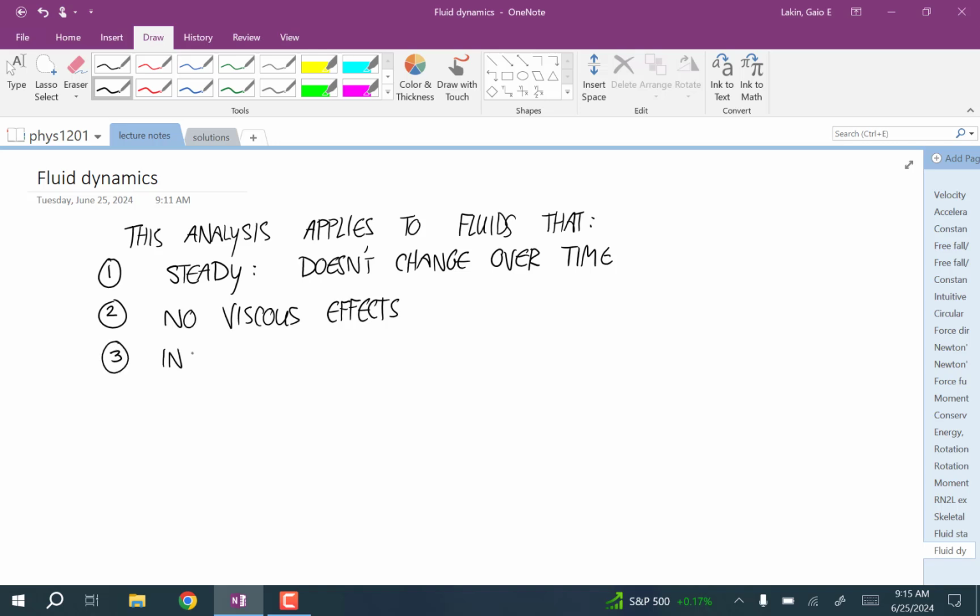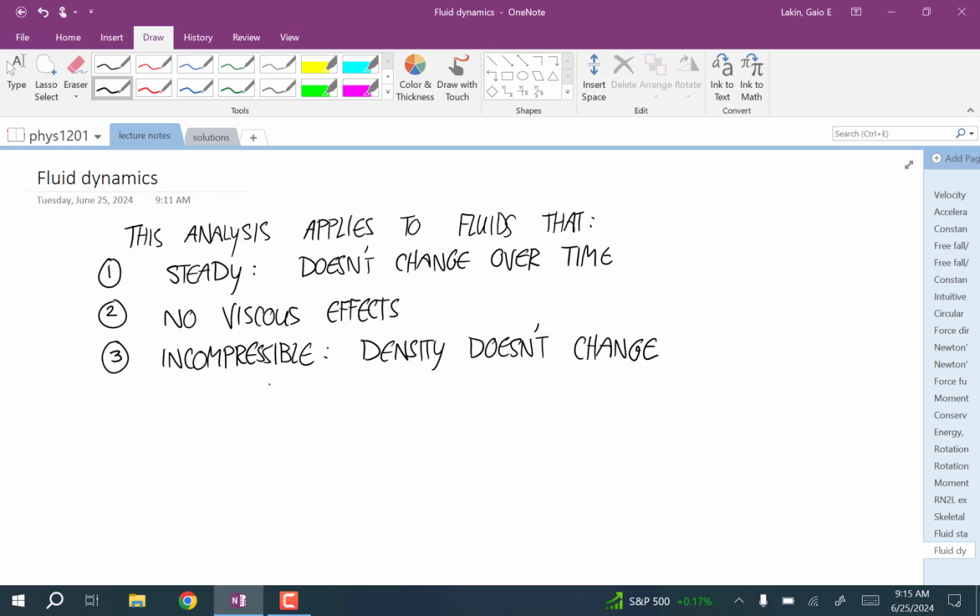Third, it has to be incompressible. That means that the density doesn't change. This is almost always applicable for liquids. It's not as applicable for gases. You know that if you fill a syringe with air, you can press that syringe down, and that's compressing the air, changing the density. You can't do that with water.